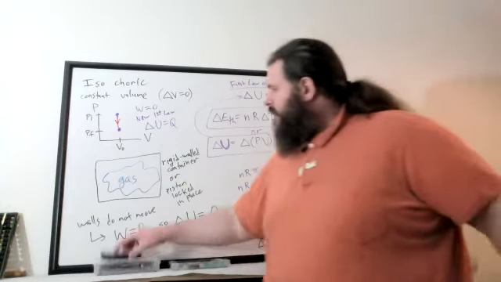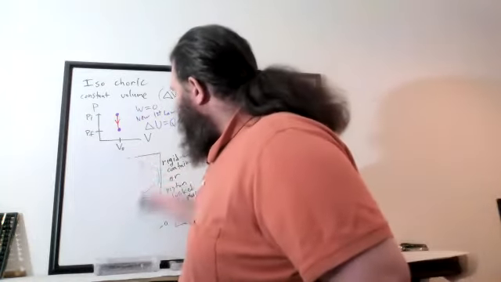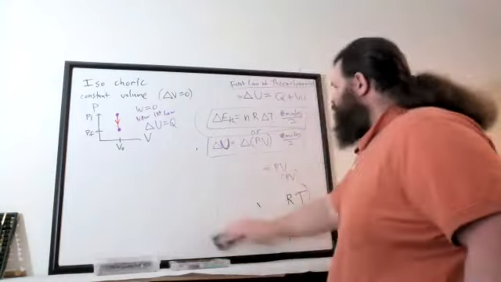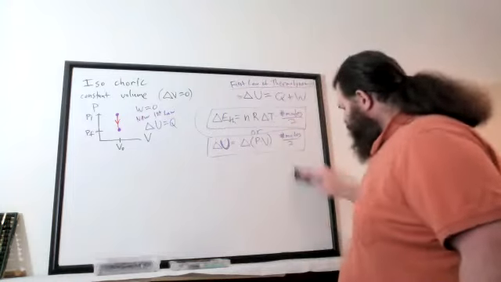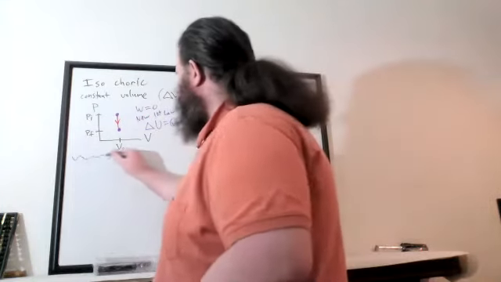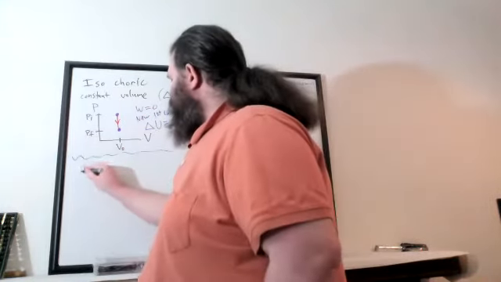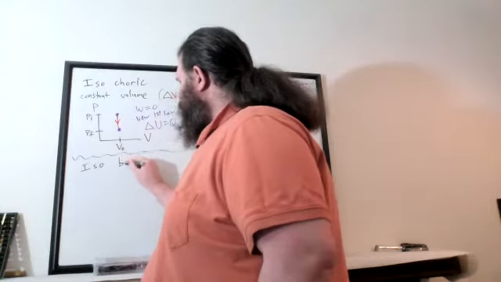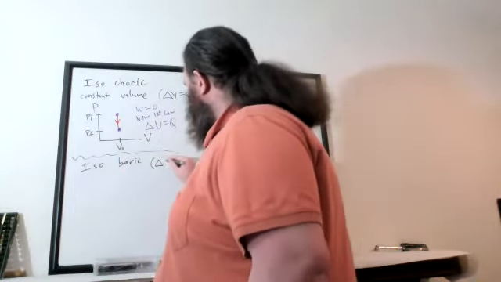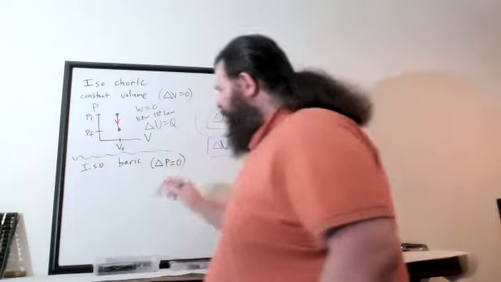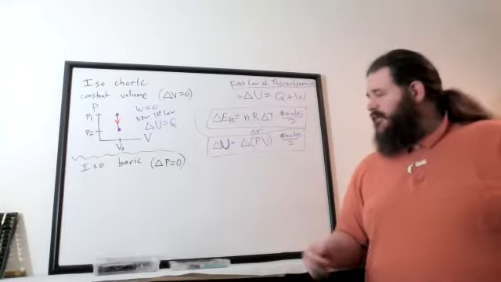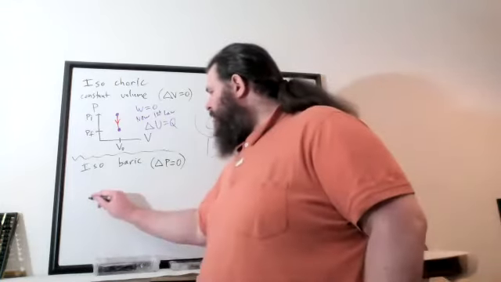Then let's try applying the same approach to an isobaric process with constant pressure. In an isobaric process, we're assuming the pressure does not change. No change in pressure throughout the entire process.